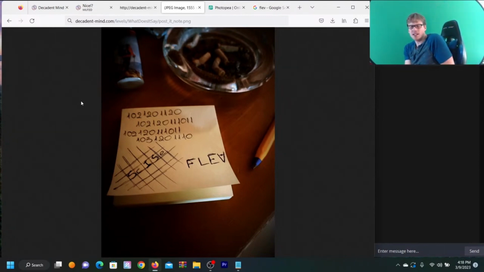So I think interpreting the numbers in pairs is an idea. I mean, I guess I could also just interpret this as base 4 and see if there's like a base 4 cipher.